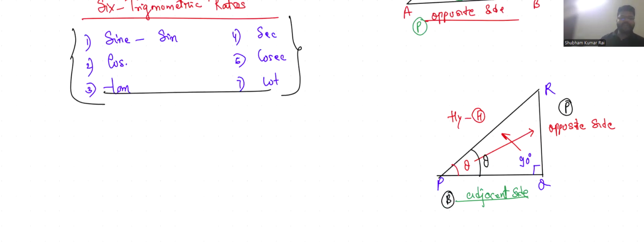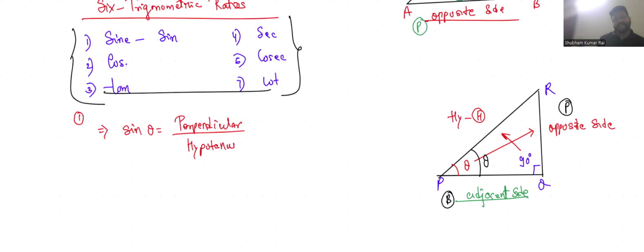Now, what are the values of the trigonometric ratios for this? The first value that we are going to study is sine theta, with the reference angle as theta. So the formula is perpendicular upon hypotenuse, right?